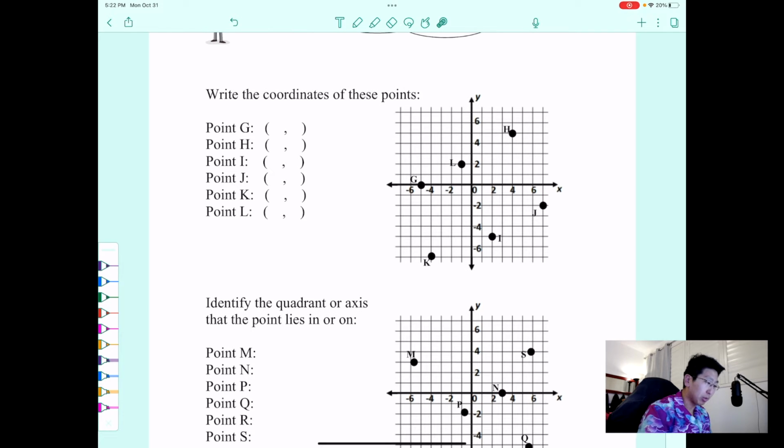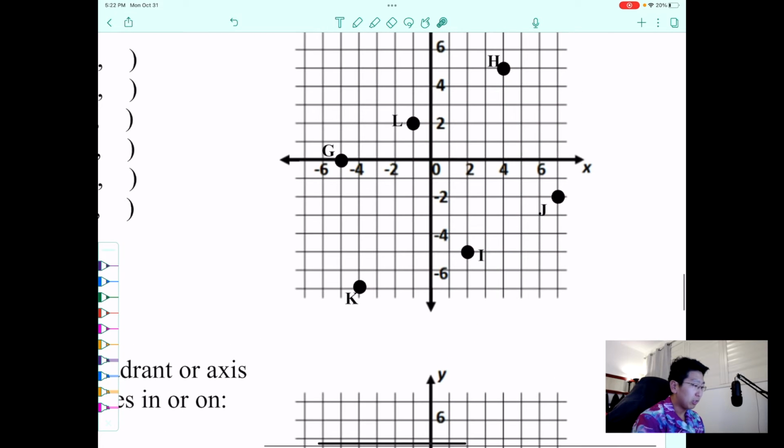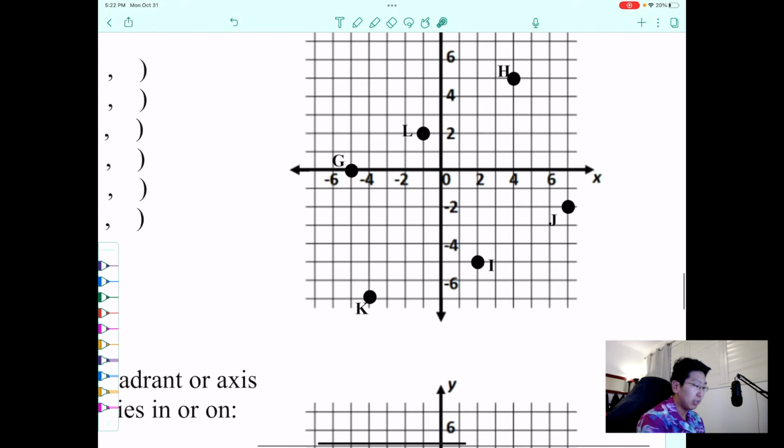Okay, so here are some more points, we're going to write the coordinates of these points. So this might be a little bit, it's the opposite. And so now I'm giving you a graph. Our job is to look at our graph. Let's start with point G. Where is it? It might be helpful to just take a highlighter and circle it blue. So here on my x-axis, because that's what we started with in elementary school, right? I'm going to look on my x-axis. Where is it?